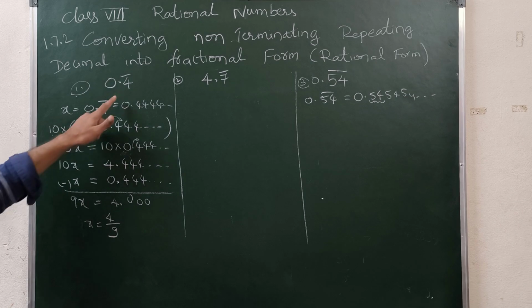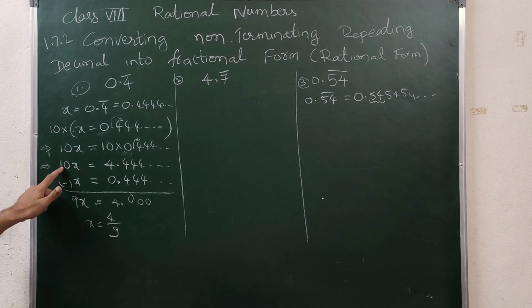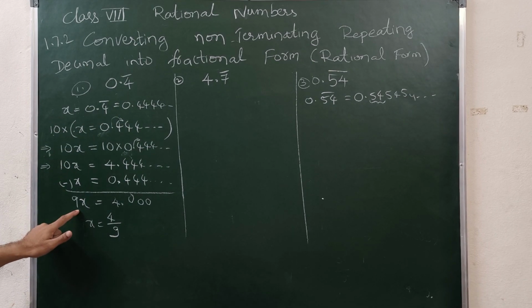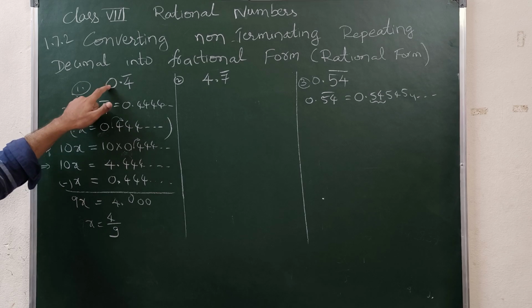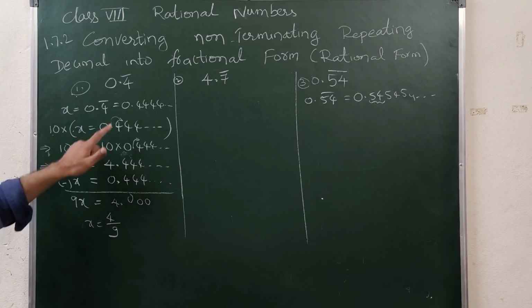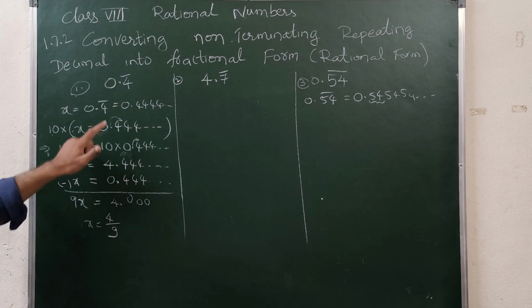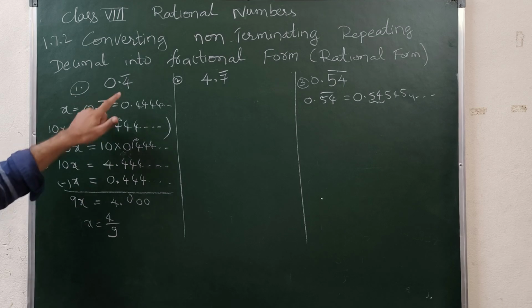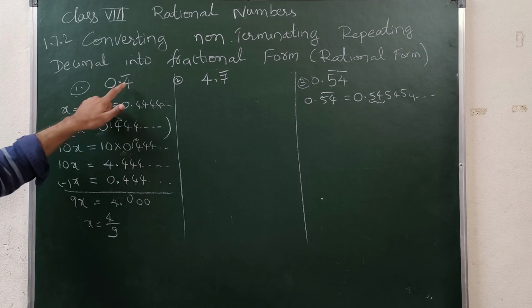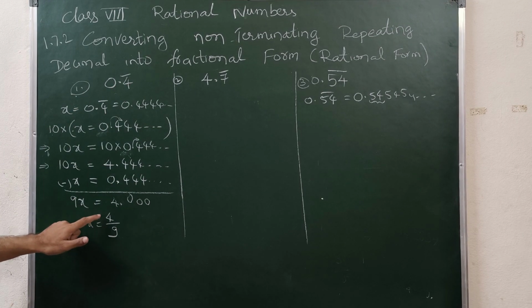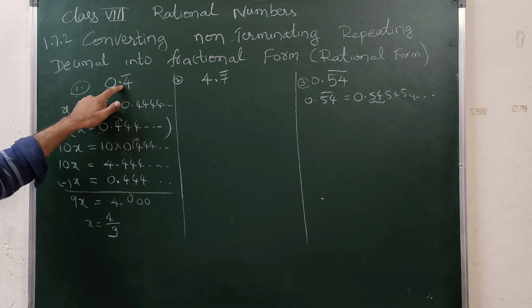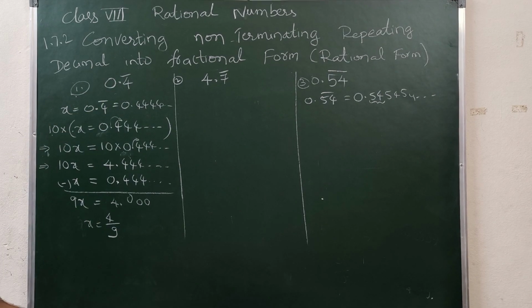Every time you multiply by 10 only, so the denominator is always 9. So 0.4 bar is 4 by 9, 0.5 bar is 5 by 9, 0.6 bar is 6 by 9, 0.7 bar is 7 by 9, 0.8 bar is 8 by 9, and 0.9 bar is 9 by 9.